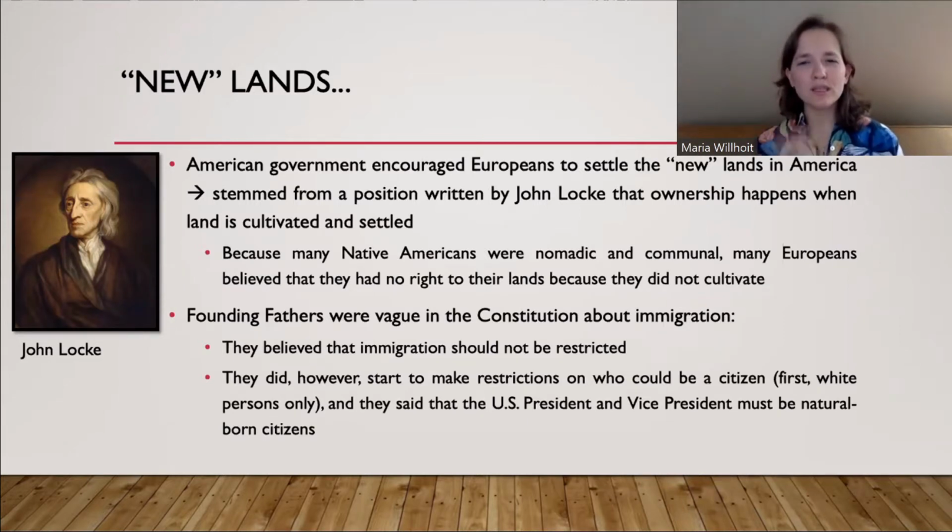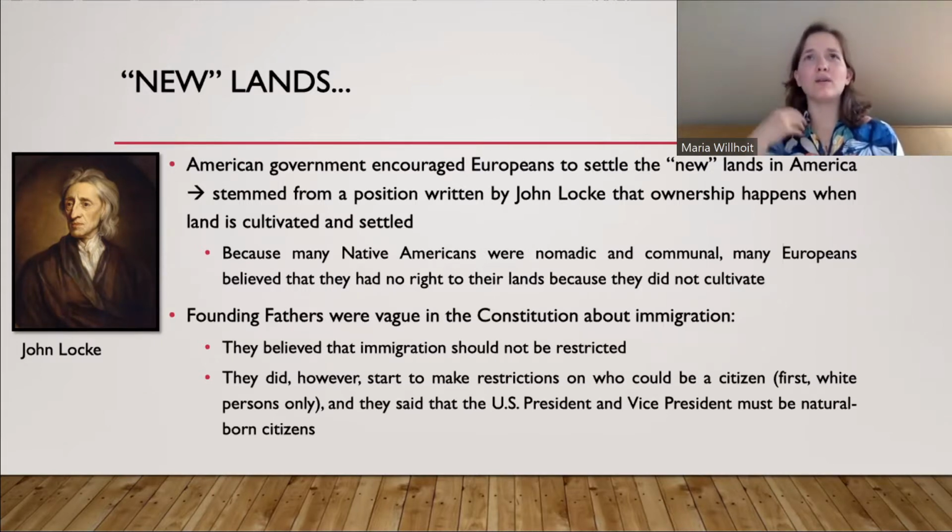So one important thing about immigration in terms of these Europeans coming to America is that it was actually encouraged, in part because of an ideology by a man named John Locke, a very famous British philosopher.